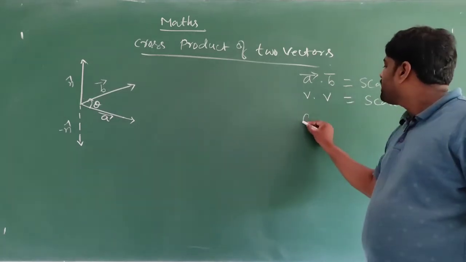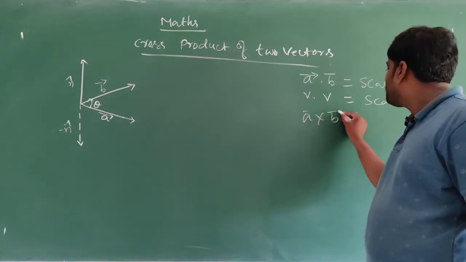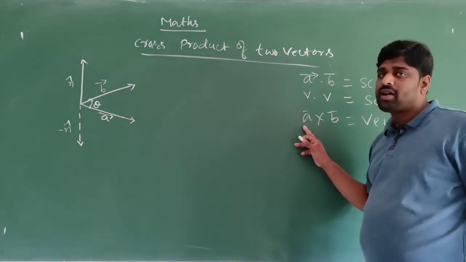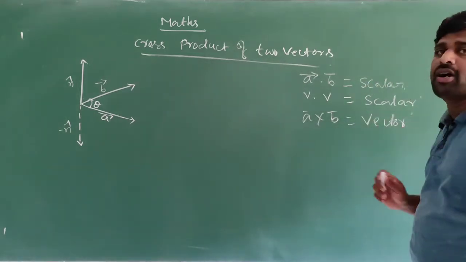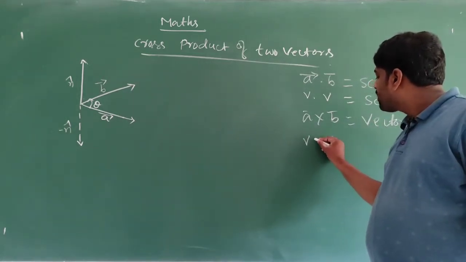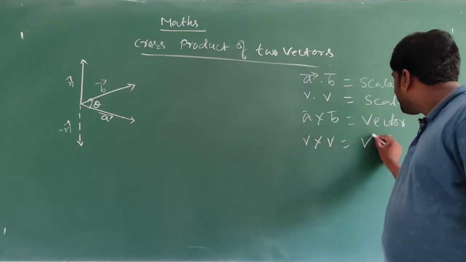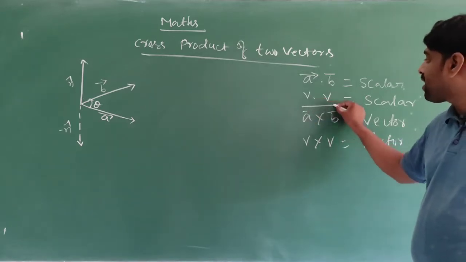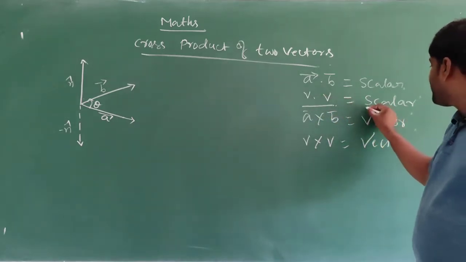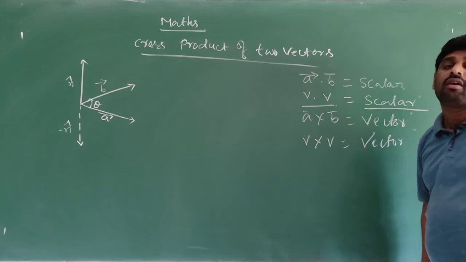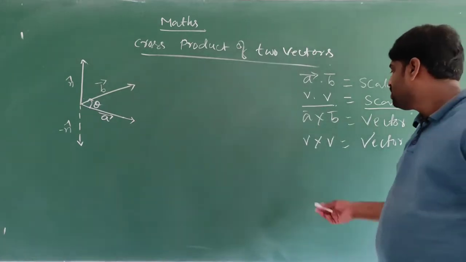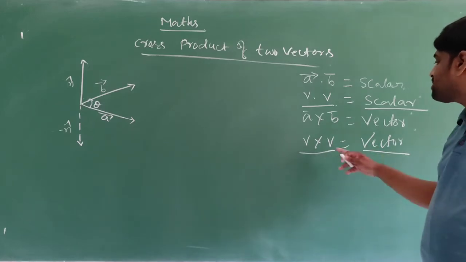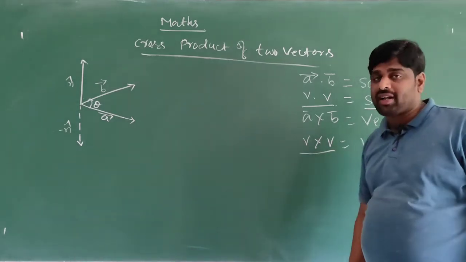But a bar cross b bar gives you a vector. Vector cross vector gives a vector, but vector dot vector gives a scalar, which is called the dot product of vectors. Vector cross vector gives a vector, which is called the cross product of vectors.